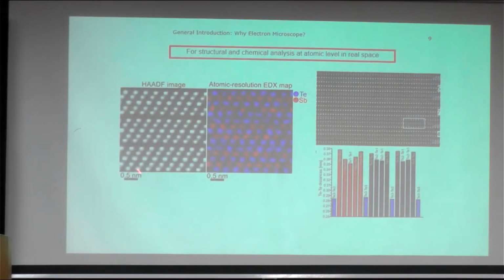But from the high-resolution image, you cannot distinguish between them because the atomic numbers of both columns are pretty close, 51 and 52. So you can see that it's difficult to distinguish. But if you do EDX, atomic resolution EDX, then you can nicely resolve the layers: these blue layers are tellurium, and these red layers are antimony.